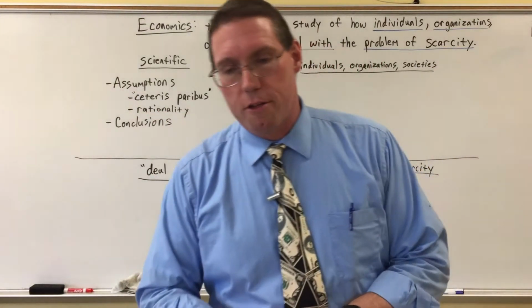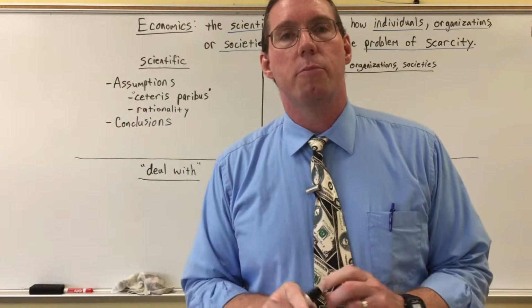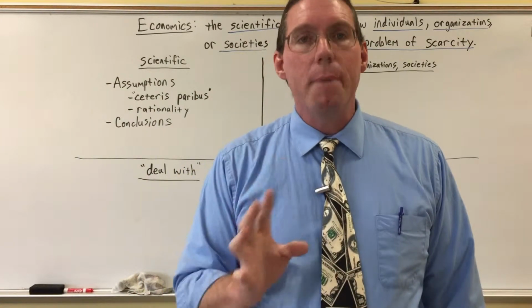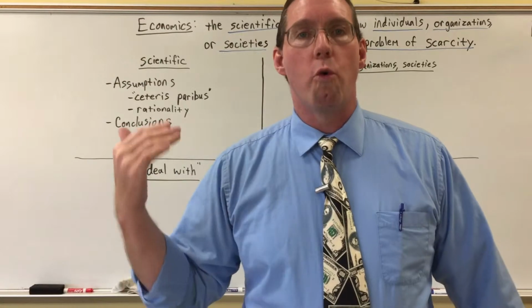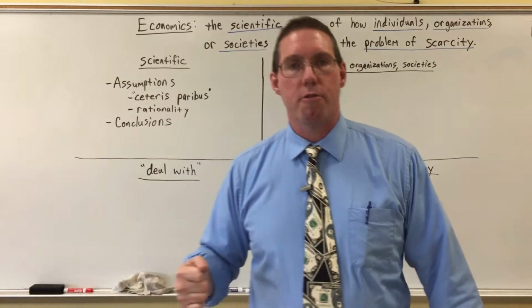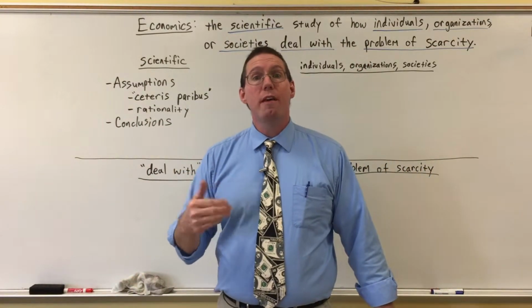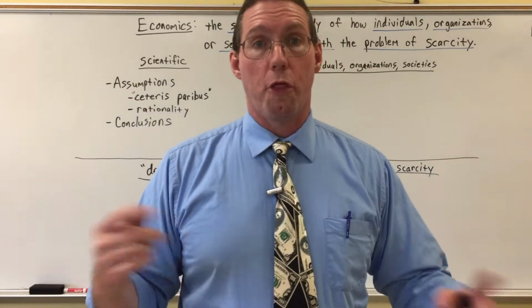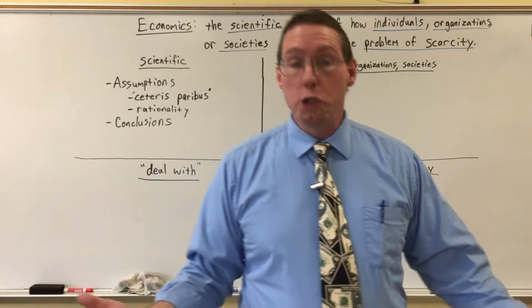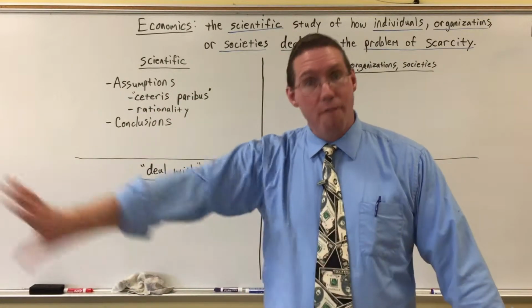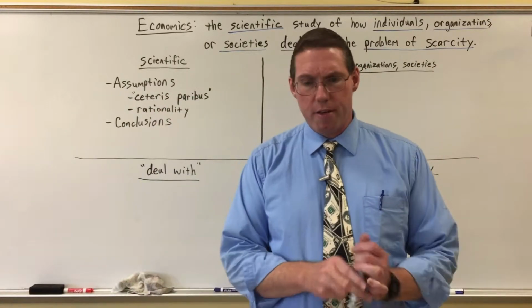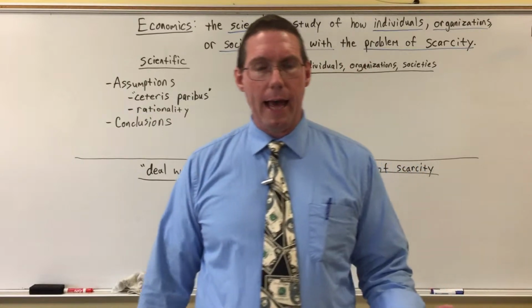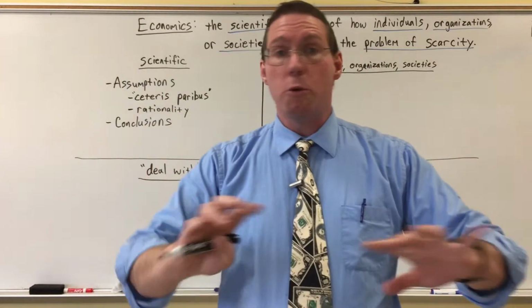Here's what the rationality assumption says. The rationality assumption says that people in general are rational decision makers. Meaning, if you give them a choice of whether they can have $20 or $30, they will choose $30 every single time. And you might say to yourself, oh, there must be some kind of catch. No! I'm telling you, there's no catch.